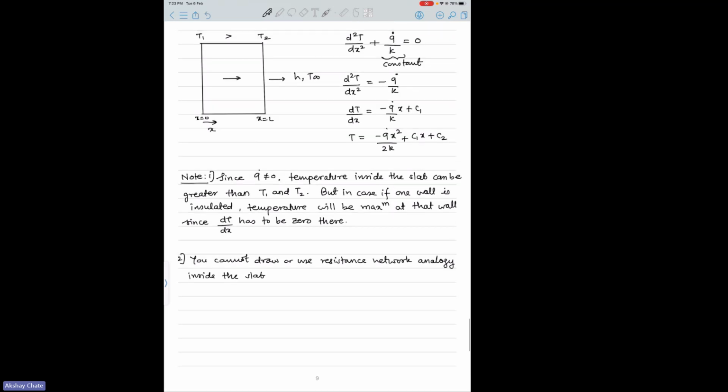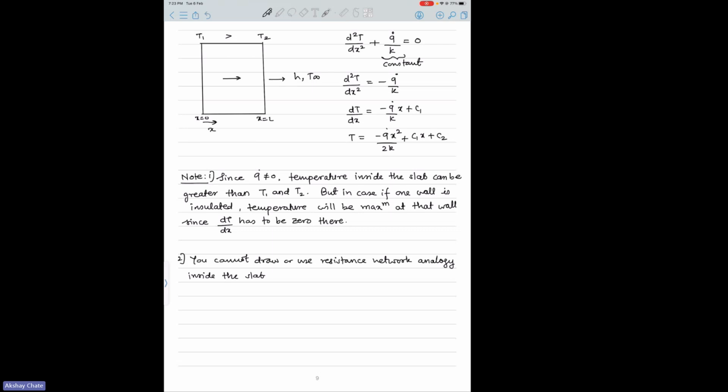The reason is that between T1 and T2, the temperature is a function of x. How it varies inside the slab is a function of x. So you cannot use just that formula, R2 by R1 or B by K. Those won't work here. But you can use them outside.